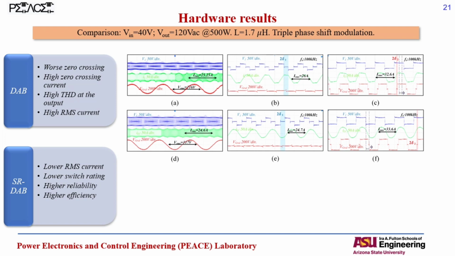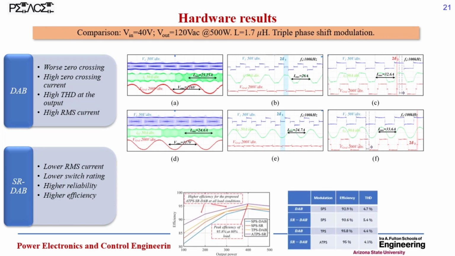For example, this is for the single inductance or the conventional DAB, and here we have the LC10 and the SR-DAB with the optimal modulation technique, where we have less zero voltage distortion. That means we are going to have a lower THD for this configuration.